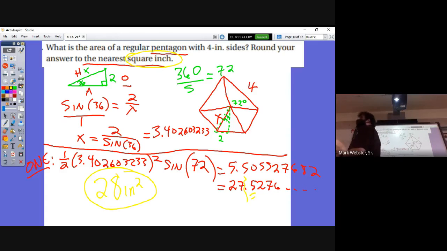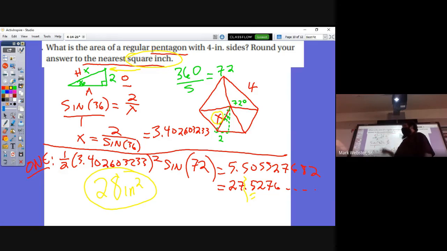All right, so to review what we do. First things first, find your radius. What is the radius? I need this thing I labeled X over here, right? It's either going to be using cosine or sine. So take the time to draw this out and figure out whether or not you're working with cosine or sine.